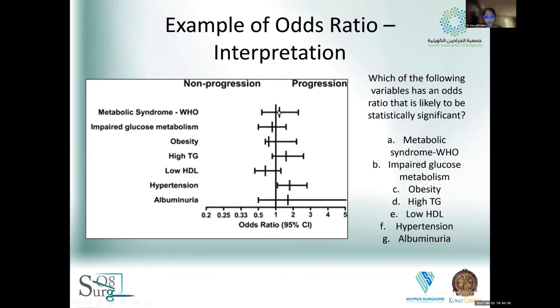And you have a vertical line going through 1. Then you have each of the variables, with the mean and the standard deviation. For you to decide if one of these is statistically significant, you're looking for a variable whose range does not include the number 1. So this quiz is going to ask you which of the following variables has an odds ratio that's likely to be statistically significant? Choose from one of these.